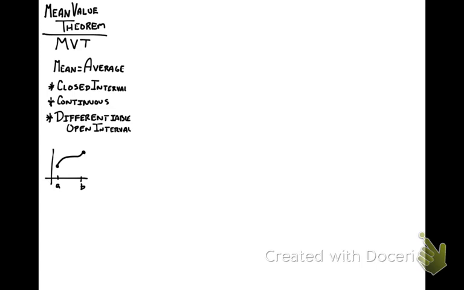So here we have a closed interval, right? The interval is from A to B. The function is continuous, that means there's no open spots on that entire interval. And on the open interval from A to B, I could take the derivative anywhere. There's no sharp points or corners or cusps.